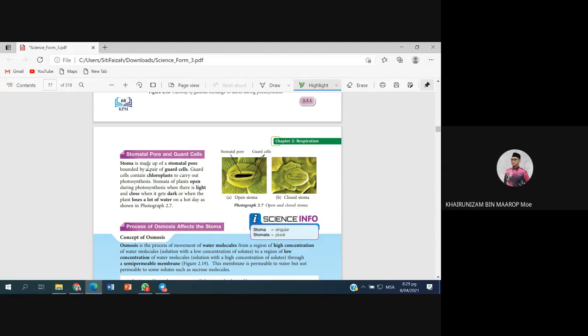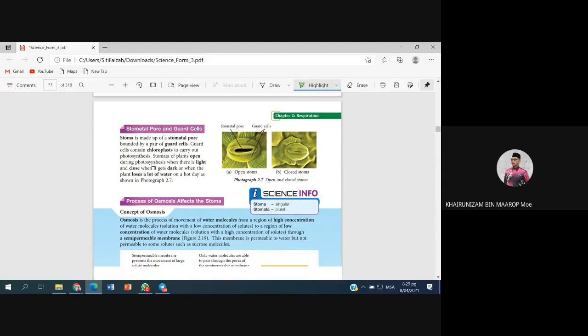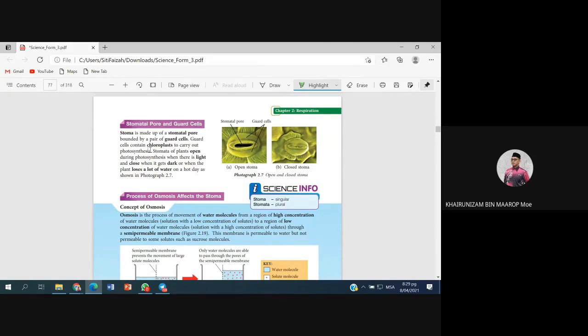Okay, look, what is the stomatal pore? Stoma is made up of stomatal pore. If you look at this diagram, this photograph, this is an example of the stomatal pore.